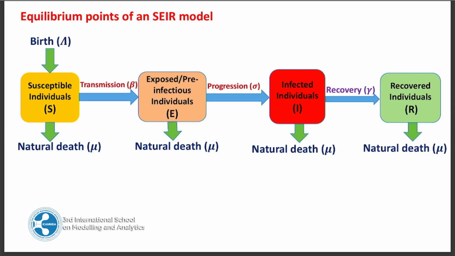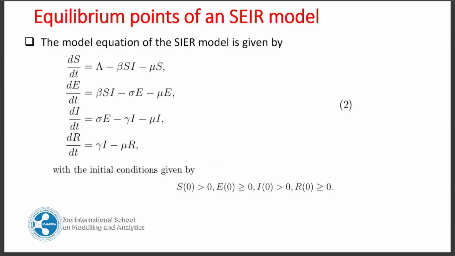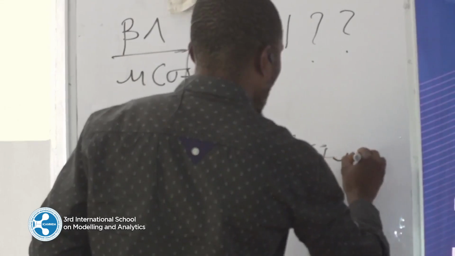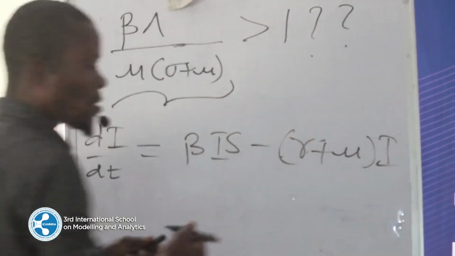I will just scroll through to see the solution. So if you have an SEIR model, you will observe that, like yesterday, we have dI/dt equals beta SI minus gamma plus mu I, right?